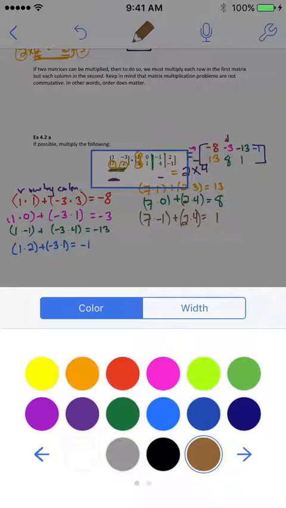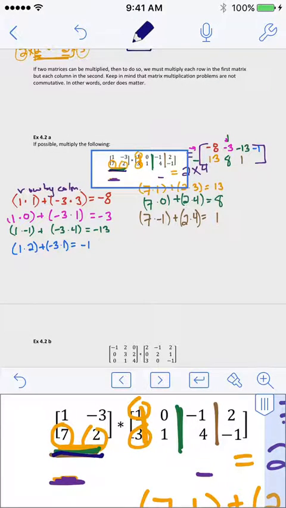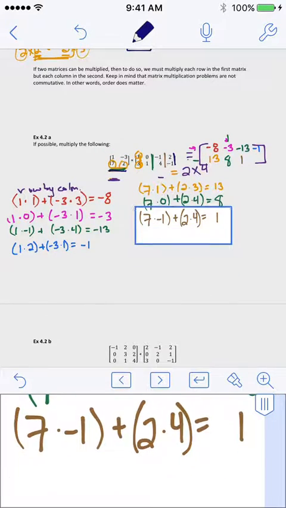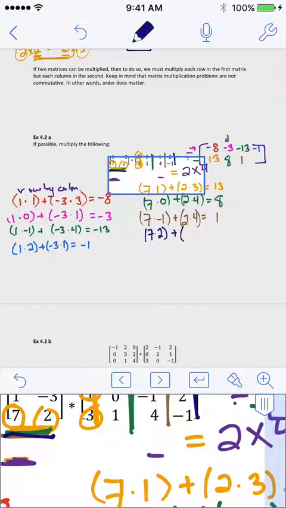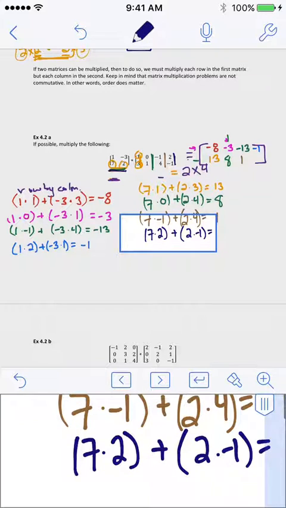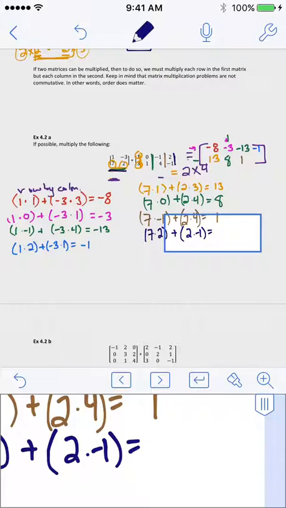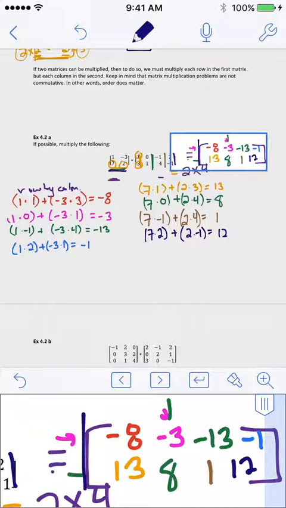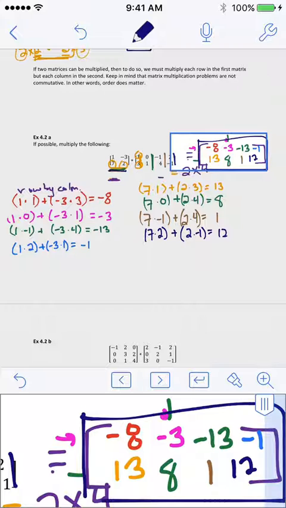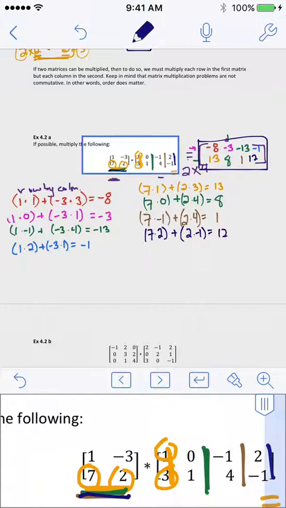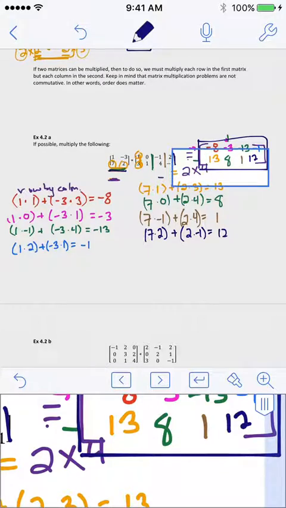And then finally, last but not least, my second row, fourth column is going to give me 7 times 2 plus 2 times -1, which is 14 minus 2, or 12. And I now have my new solution of my 2x2 matrix. Alrighty, so each row by each column gives us a 2x2 matrix.